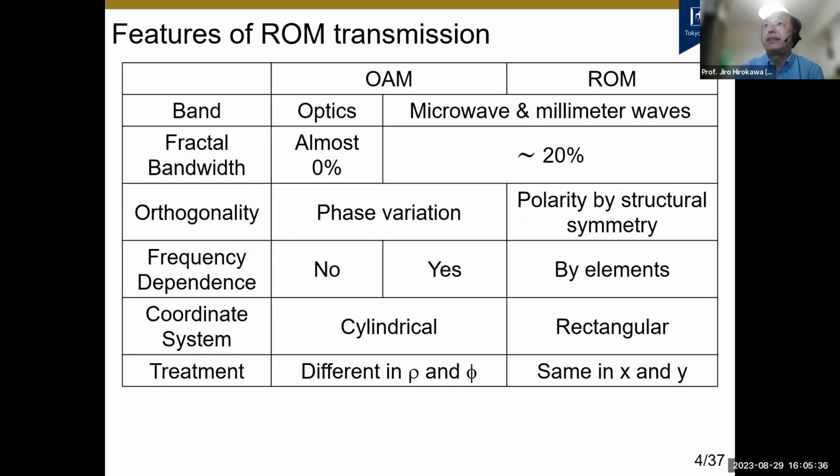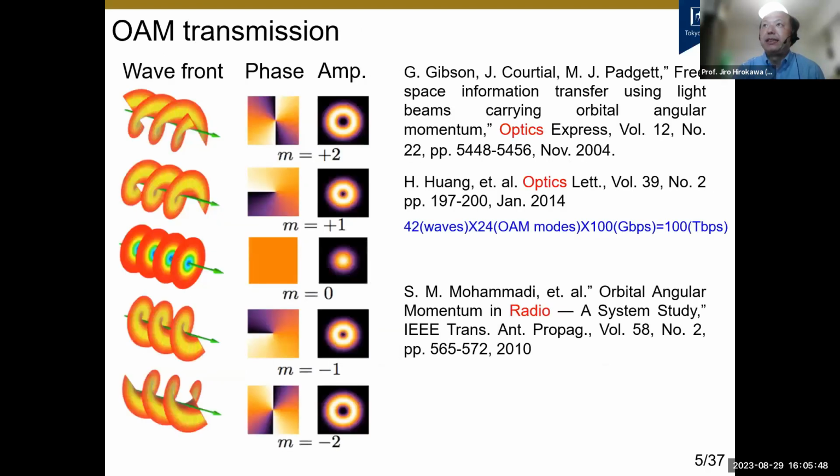At first, I explain the feature of this multiplexing system in comparison with OAM. As you may know, OAM is recently intensively discussed in the radio area. OAM transmission was originally developed in optics.